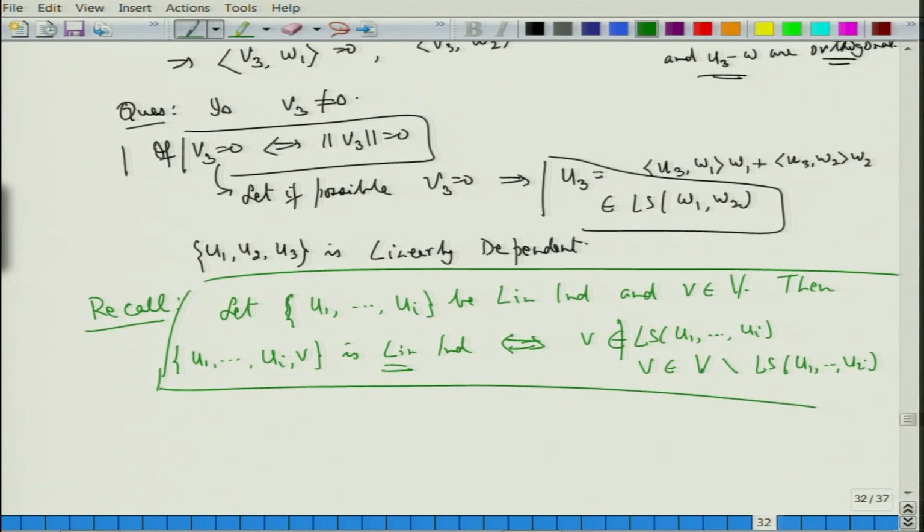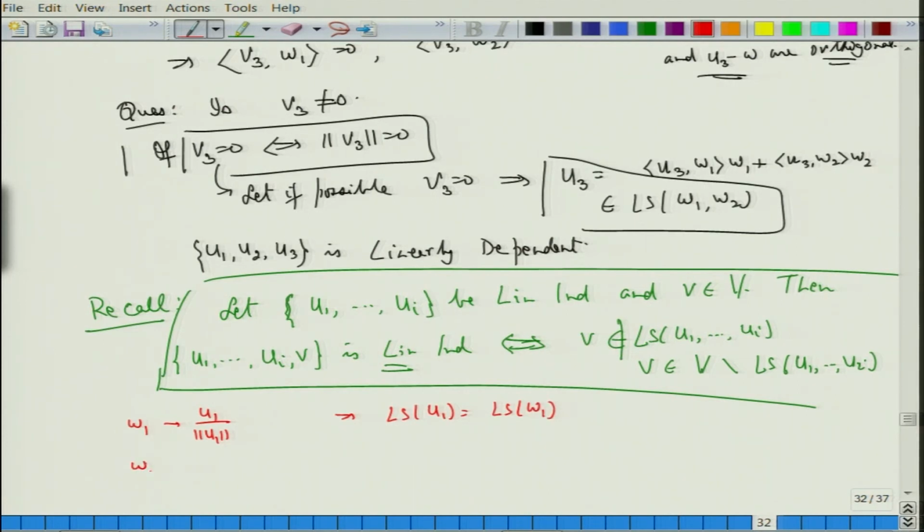So, now let us go back again, so that you have clarity. So, what we have done at this stage is, I have got w1, which was u1 upon length of u1. So, this implies that the linear span of u1 is the same as the linear span of w1.